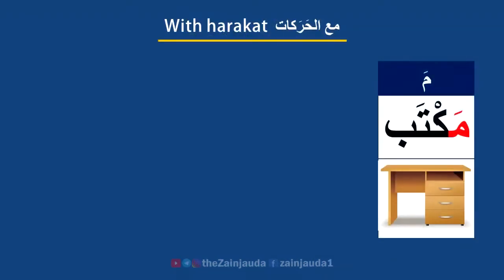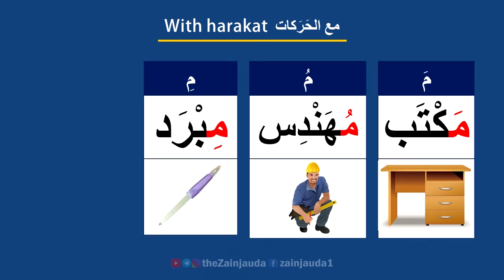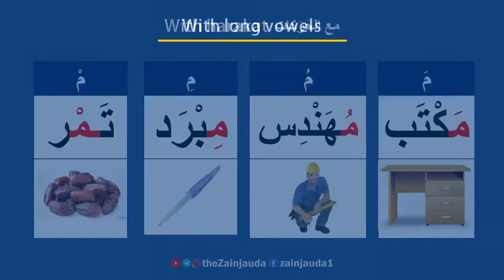Examples of mim are maktab with fatha, muhandis with dhamma, mibrad with kasra, and with sukoon, tamr.